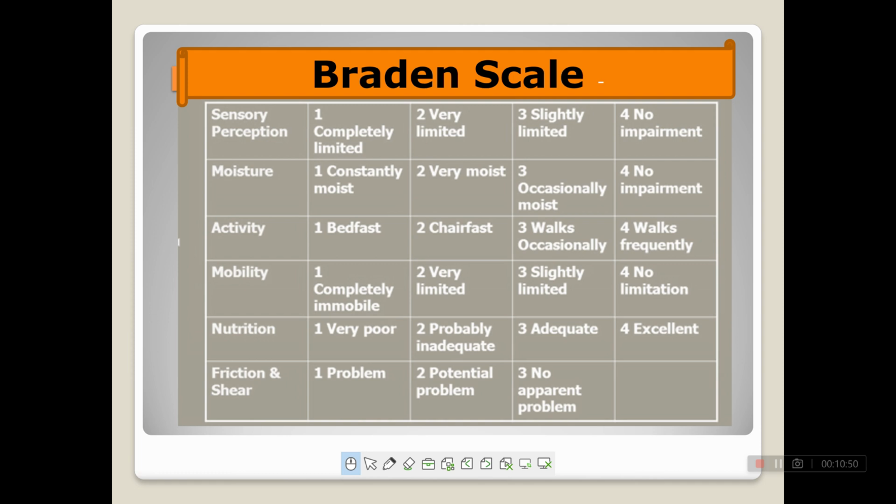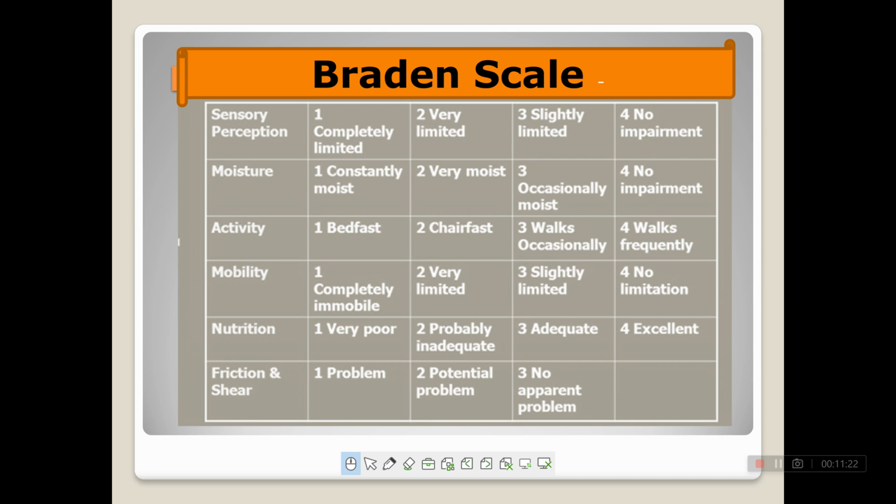Then we have how to assess the bed sore. We assess the bed sore by the Braden scale, in which we give proper values. These factors are all important in this Braden scale: sensory perception, moisture, activity, mobility, nutrition, and friction and shear.